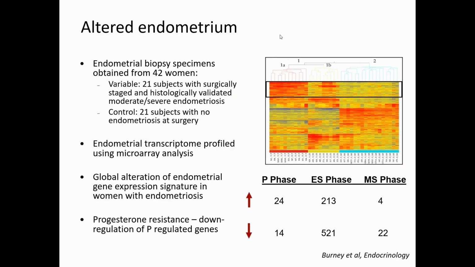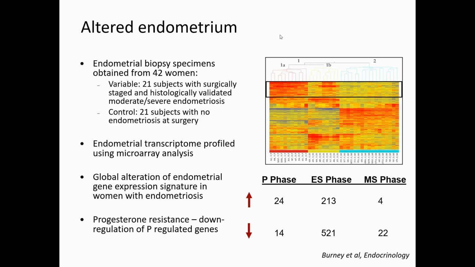Toward that end, we've accumulated quite a bit of evidence that the endometrium from women with endometriosis does have some alterations. This was a study that looked at gene expression signatures in the endometrium of women with and without endometriosis.